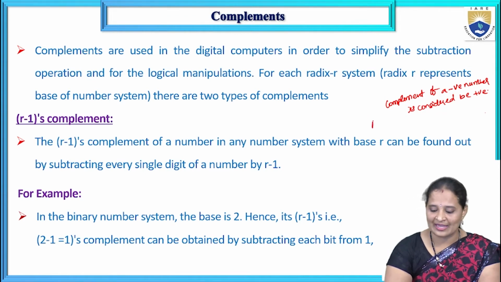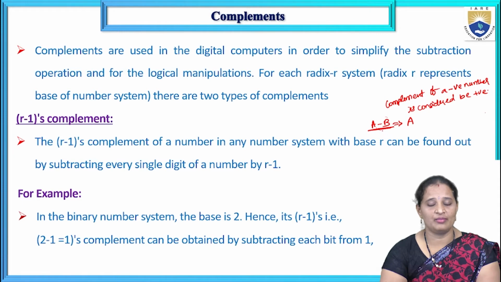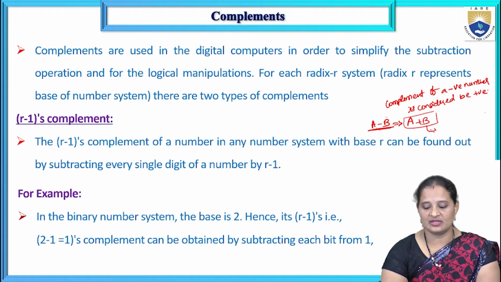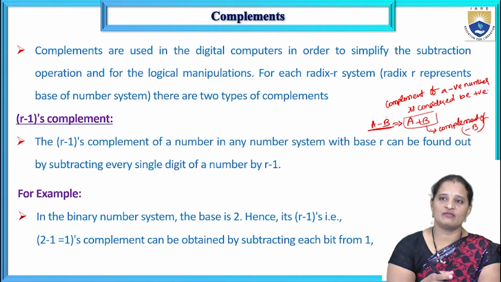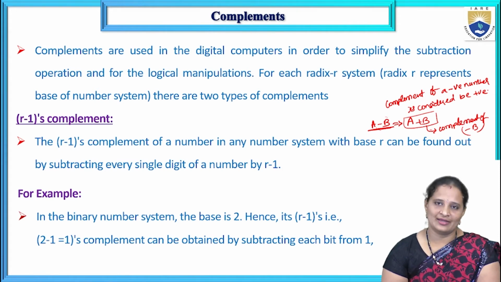Where the complement of a negative number is considered to be positive, if I want to perform A minus B, then B is a negative number. If I find the complement of B, it will be converted into a positive number, which is nothing but the complement of minus B. So by finding the complement of the negative number minus B, we are able to convert the subtraction into addition, which can be performed by using the adder itself.